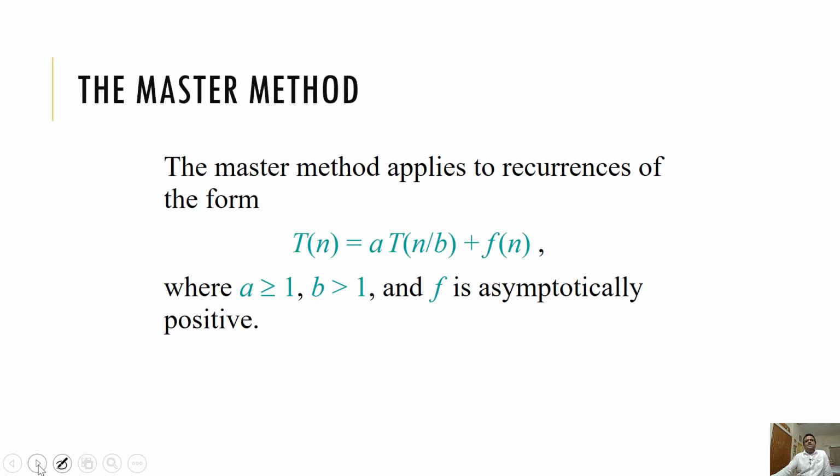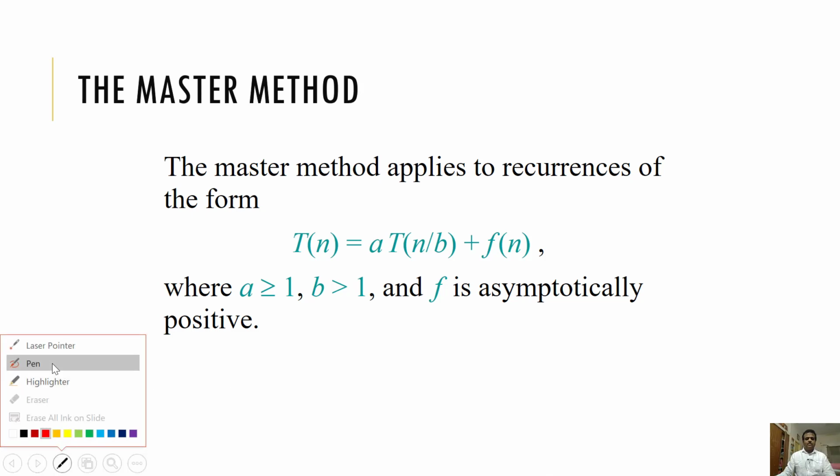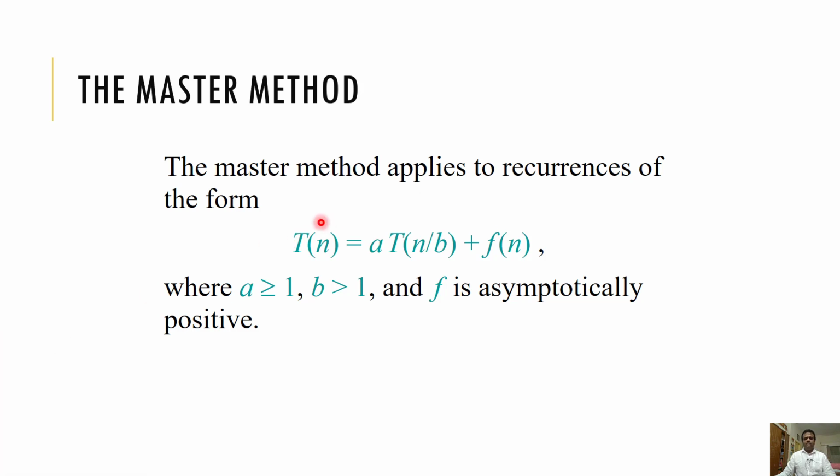Okay, now we start with the master method. In the master method we have this type of recurrence: T(n) is equal to a T(n/b) plus f(n). The master method can solve recurrences in this form.